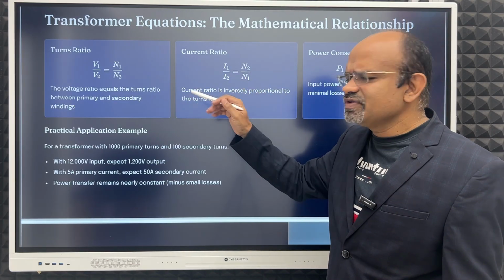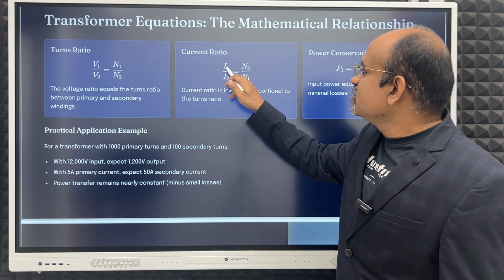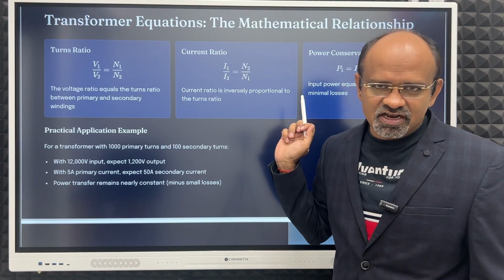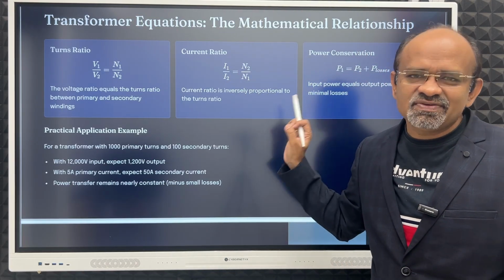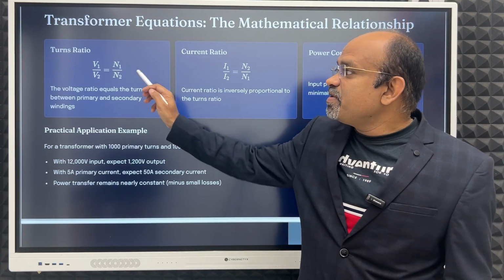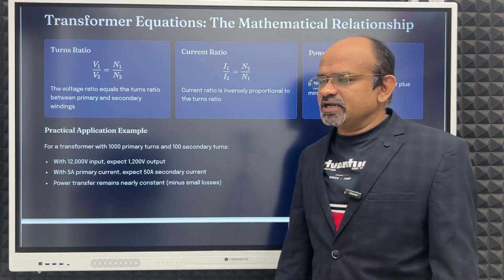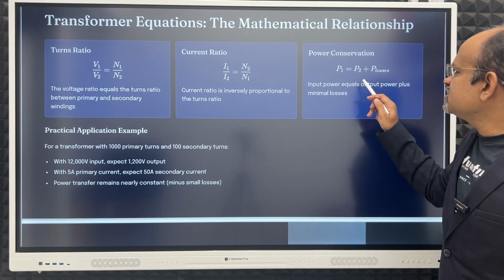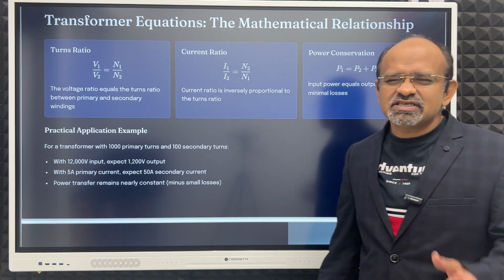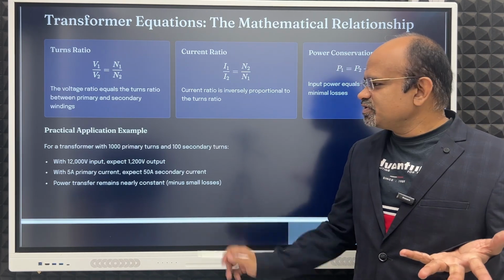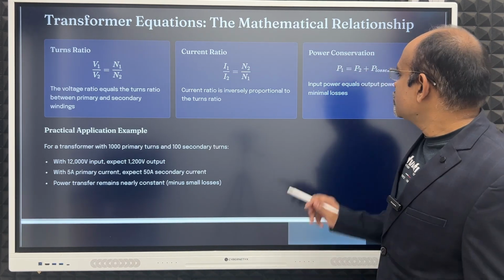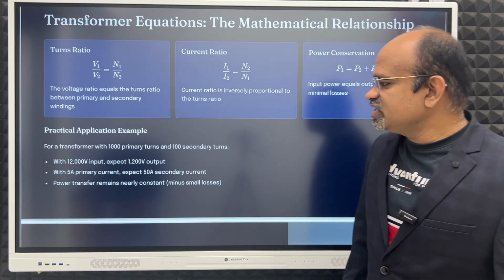That we will see how it changes. Just remember that current is inversely proportional to turns, but voltage is directly proportional. Then power: P1 is equal to P2 plus losses. Losses are negligible, we have seen 97 to 99% efficiency. So this is the power conversion ratio.